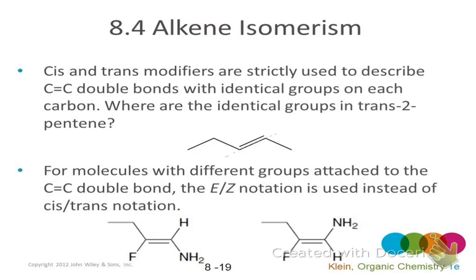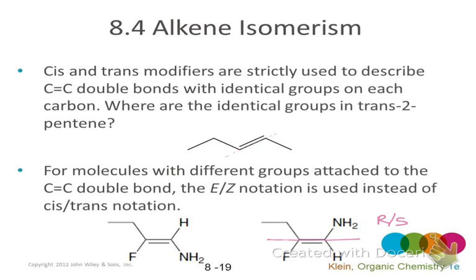So if I draw a line across here, and then think about where the largest groups are on the double bond. By large, I mean, remember the rules that we used for R and S?